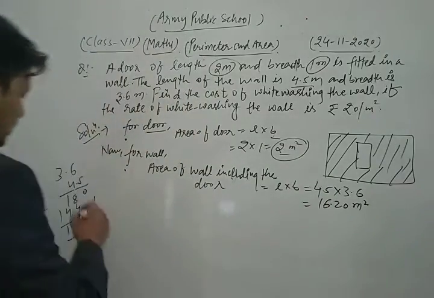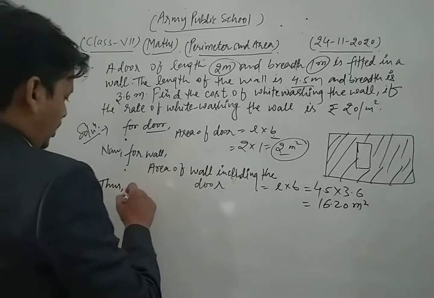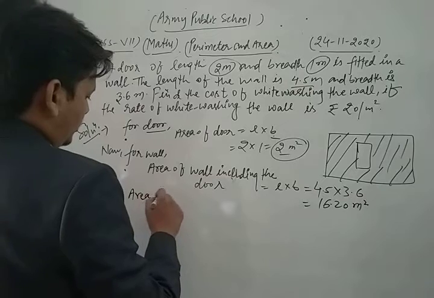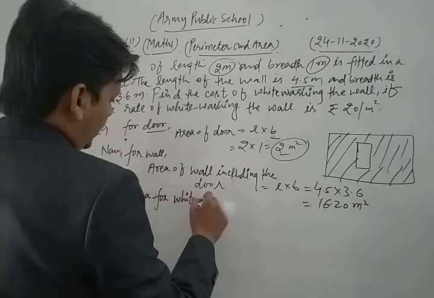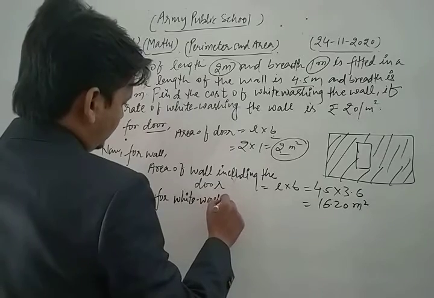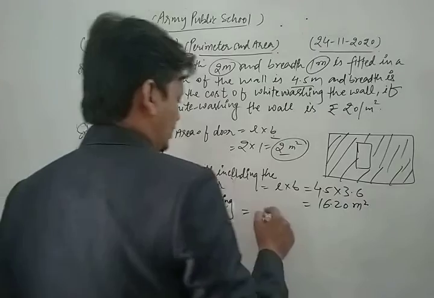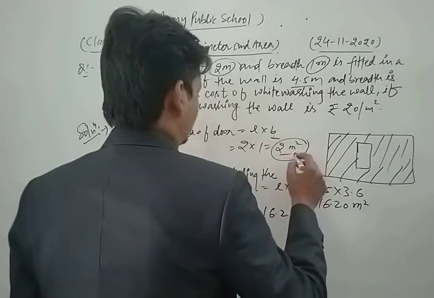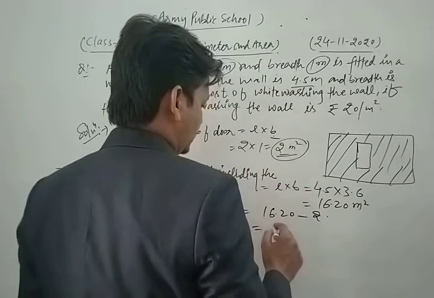Thus, area for whitewashing is equal to 16.20 minus 2. That is, we get what?